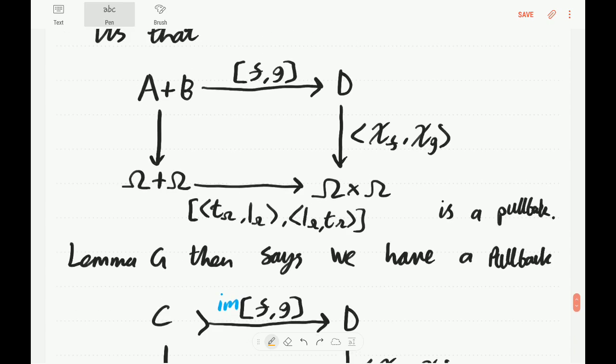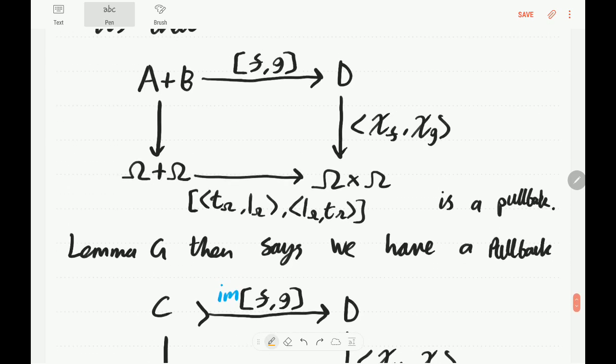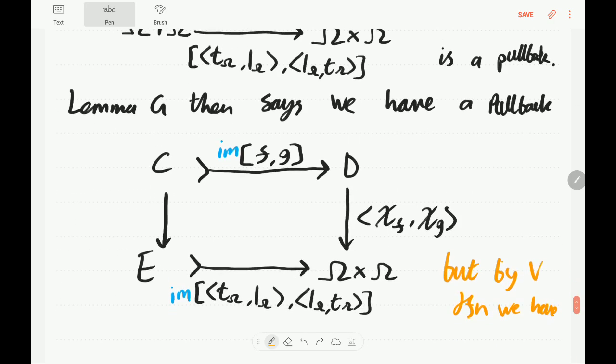Now what we can do is invoke our lemma, so we can consider the images here. What we've done here is we've replaced this top and bottom arrow with images, using this lemma that I just showed. So this is also a pullback square.